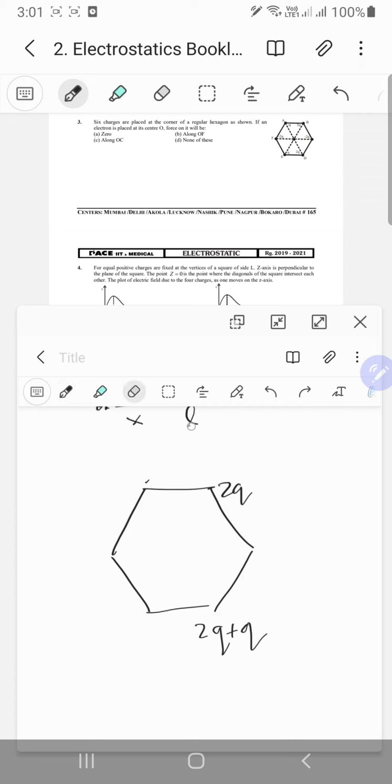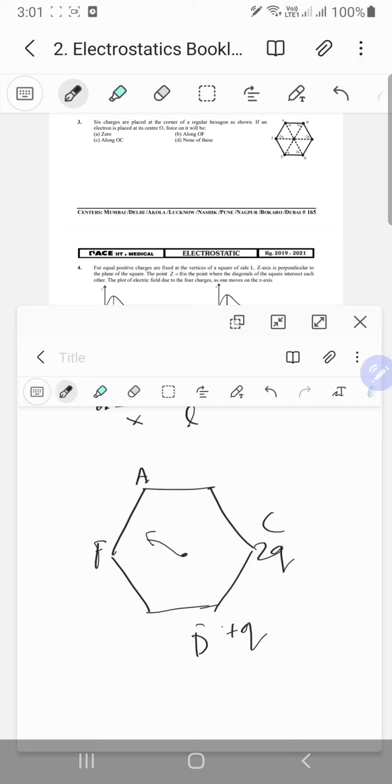So we can just replace these two and have a 2q over here. So this is A, B, this is point C and this is point D, and this point is A, this point is F. So the force is somewhere in between this A to F region.